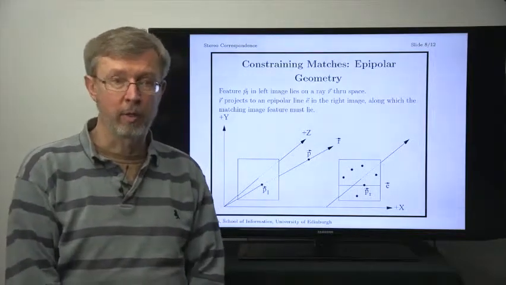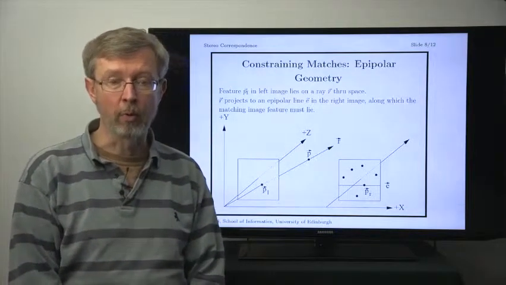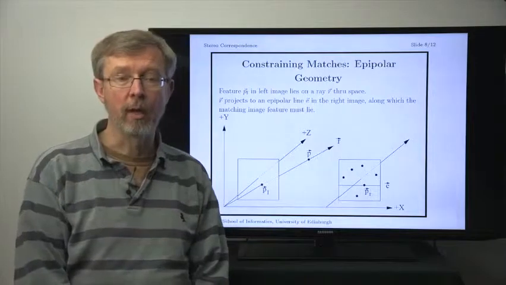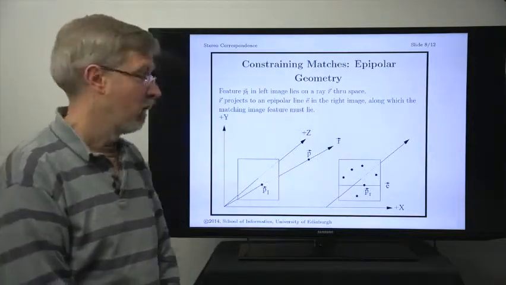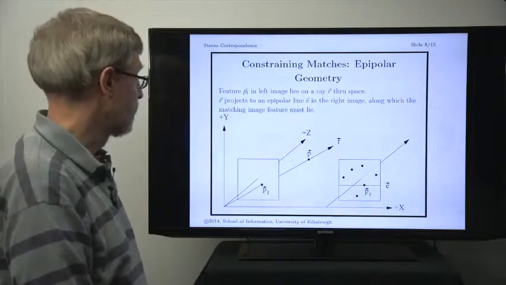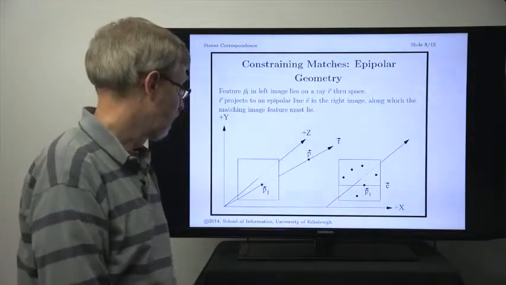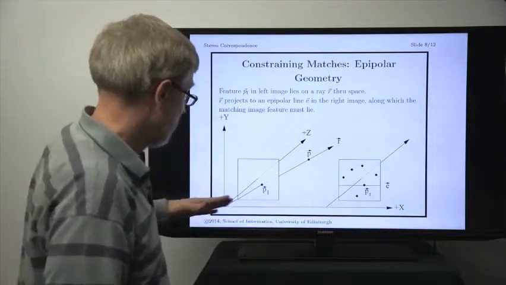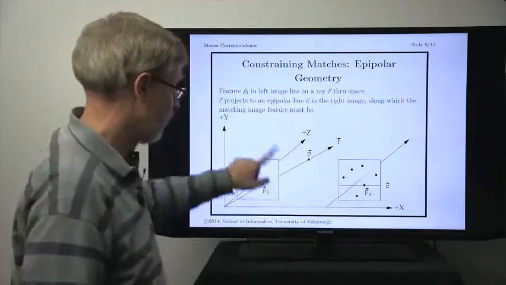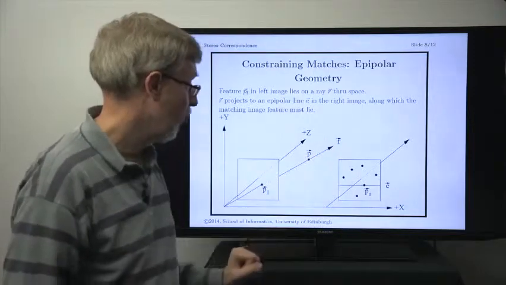The final constraint that I'm going to talk about is called the epipolar constraint. It's based on the idea from the epipolar geometry that we've been talking about. I've simplified the diagrams a little bit here. Here again are our 2 camera centers and our optical axes going out. Here are our 2 image planes.